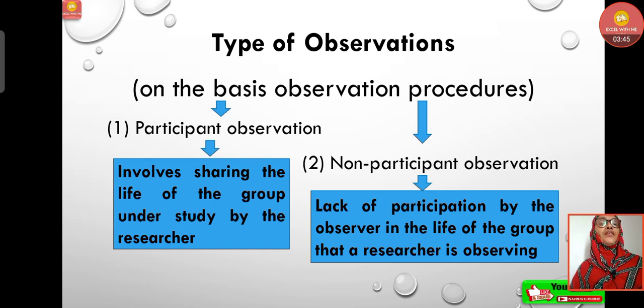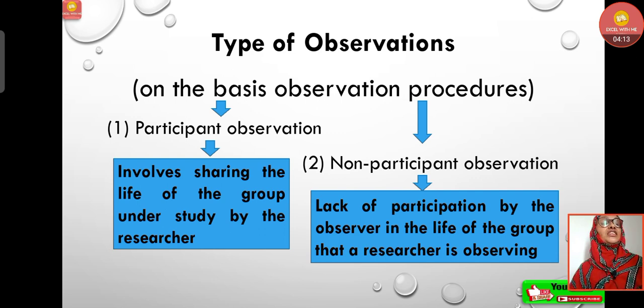Now, types of observation on the basis of observation procedure. Number 1, participant observation. Number 2, non-participant observation. Participant observation involves sharing the life of the group under study by the researcher. If we are going to do any research about tribal people, maybe in Assam or Mizoram somewhere, then the researcher will share their life experiences.